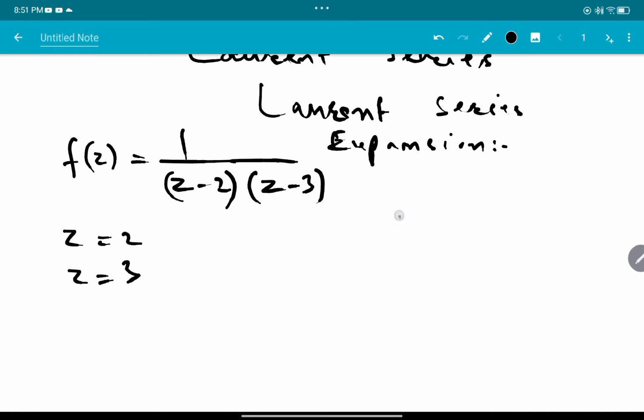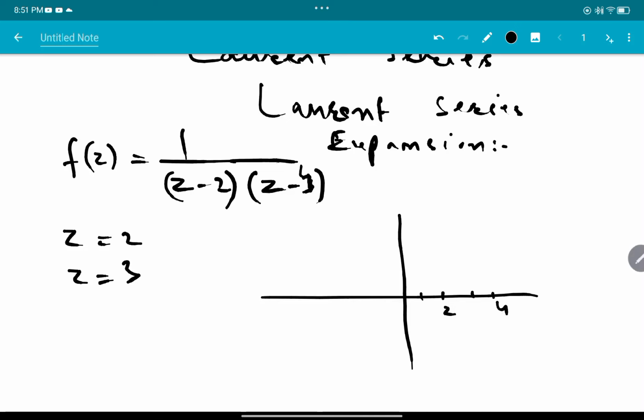In the complex plane, this is 2, then 3. Or let me keep it a little away from this. Let me show it 4.